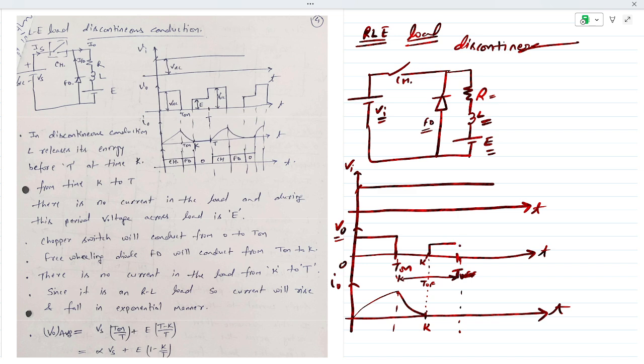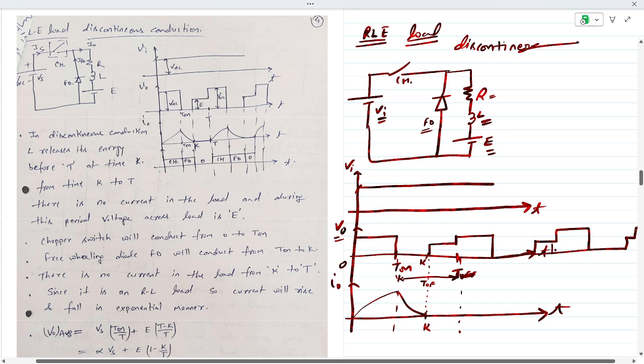So at capital T, the switch is again on, and the supply voltage appears across the load, and it will again be on for the T on duration, then the switch is off. So this voltage will continue like this. This is the output voltage waveform which we will have continuing.